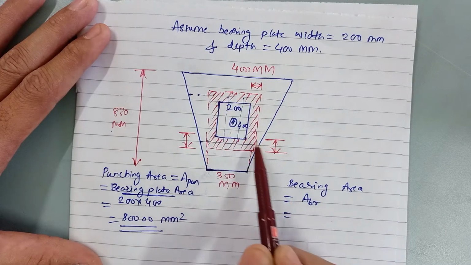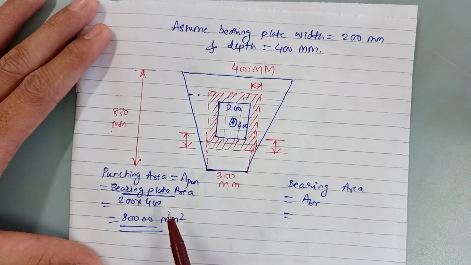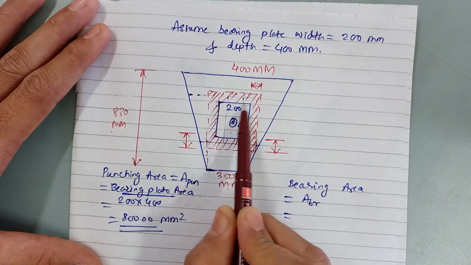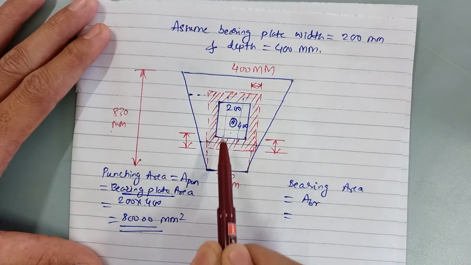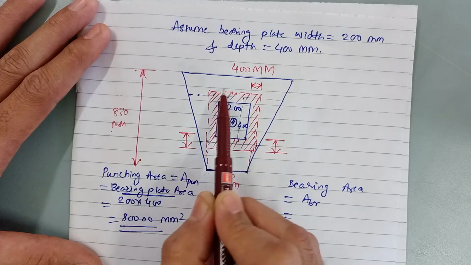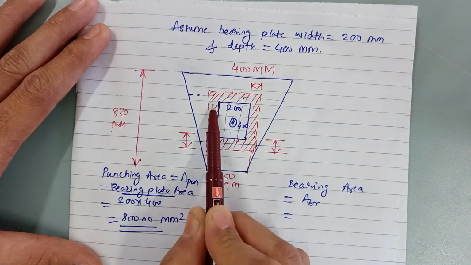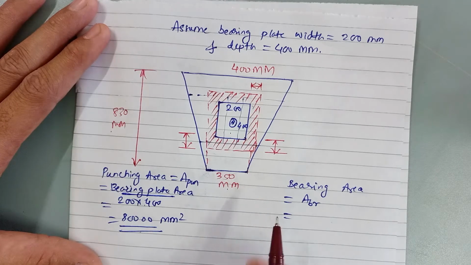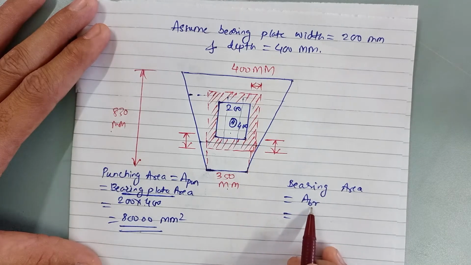This red part is nothing but the bearing area, and this plate area is nothing but the punching area, where in this much area only punching forces will be applied, and in this hatch part bearing forces will be applied, or bearing stresses will be induced. Hence A_br, that is nothing but bearing area.